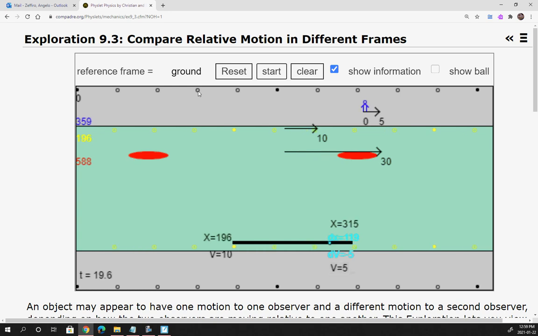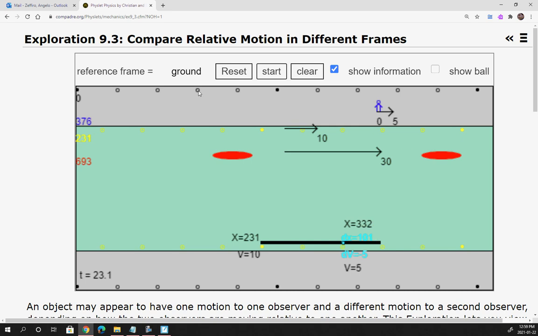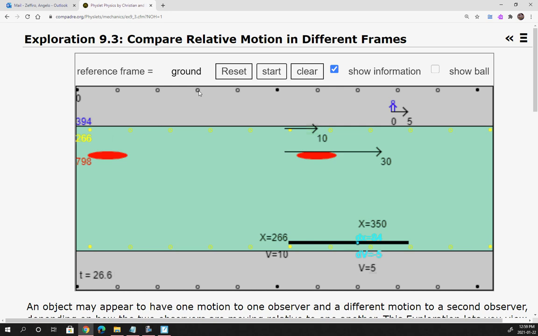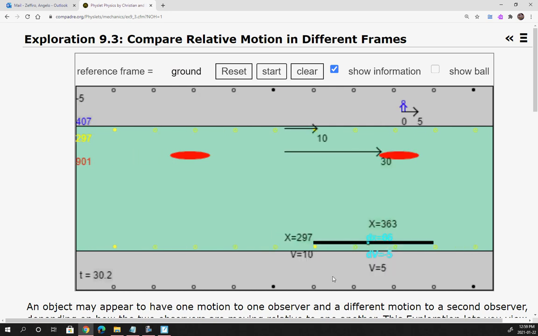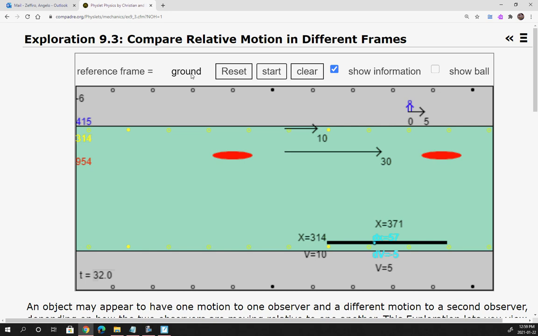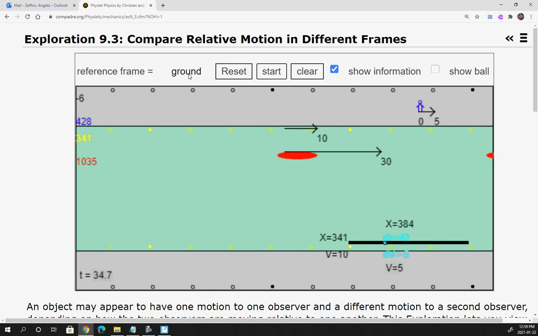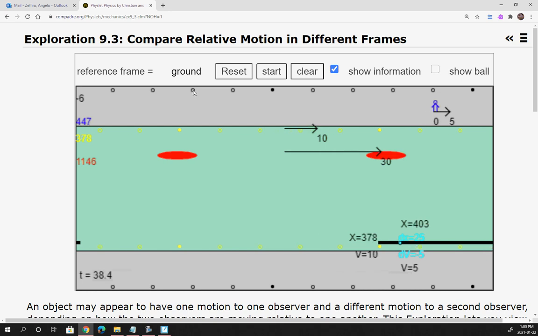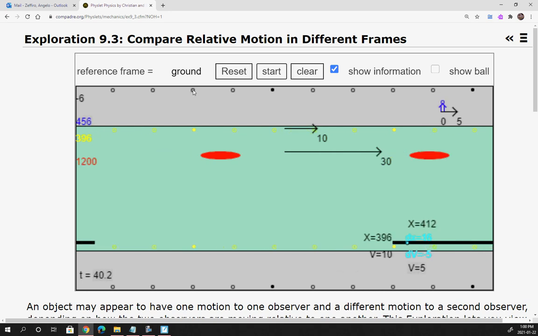The blue person, the river's moving at 10 meters per second, right? The boat is moving at 30 meters per second. And that black barge here at the bottom, right? It's moving along with the river. So that's from the point of view if you are a person just on a park bench right here watching the world go by.